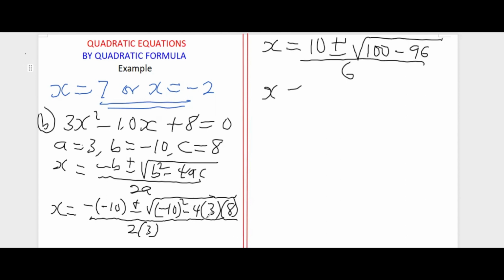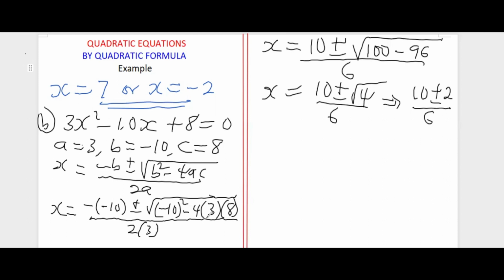We now have x equals 10 plus or minus the square root of 4 over 6, which implies 10 plus or minus the square root of 4, which is 2, over 6.